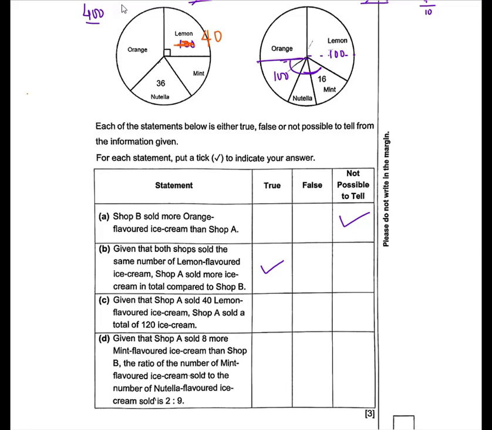Is that correct? One quarter circle represents 40 and there are four quarter circles here, isn't it? So 40, 40, 40, 40. So 4 times 40 will be 160 and not 120. So this is false, right? Sorry, this should be the tick one here. I had to put the tick here.